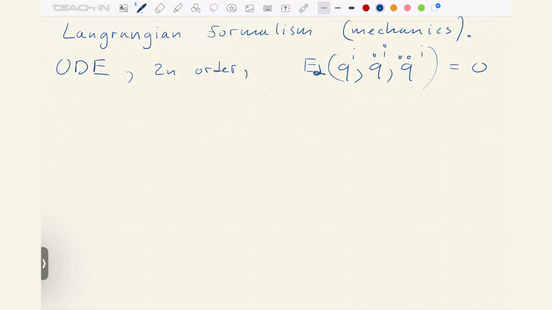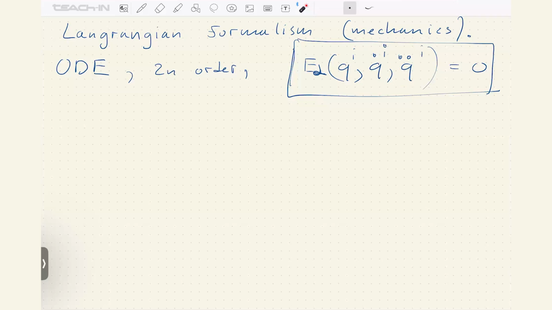So what this means is that E alpha is a function of 3 sets of variables: coordinates on our configuration space, velocities, and accelerations. So what does it mean that the equation is satisfied?